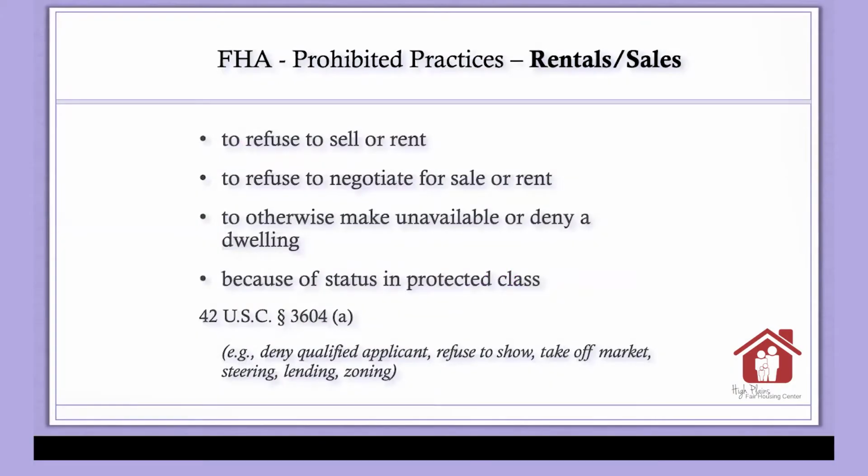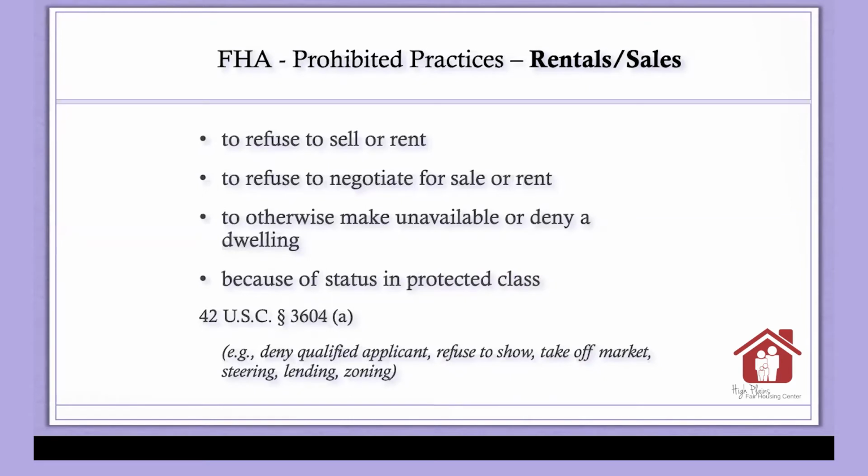So let's start with the first type, loose category of discrimination that constitutes a discriminatory housing practice: rentals and sales. The way this is articulated in the statute is that it's a discriminatory housing practice to refuse to sell or rent, to refuse to negotiate for sale or rent, or to otherwise make unavailable or deny a dwelling.